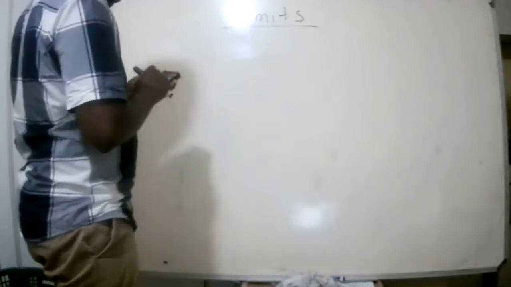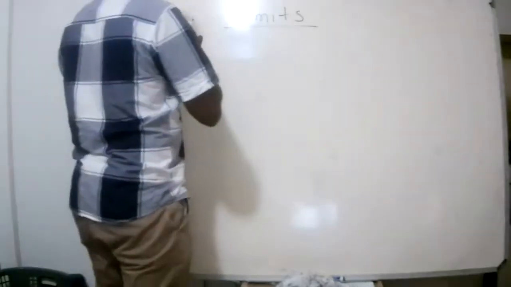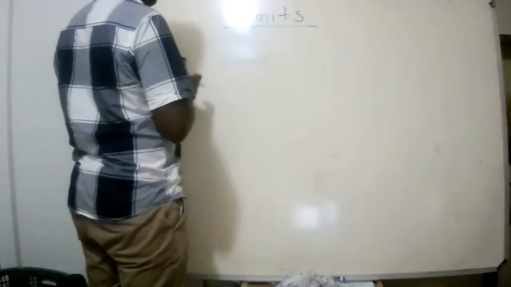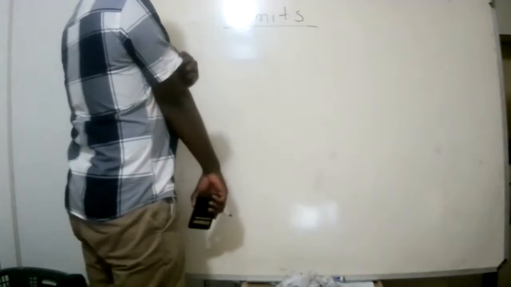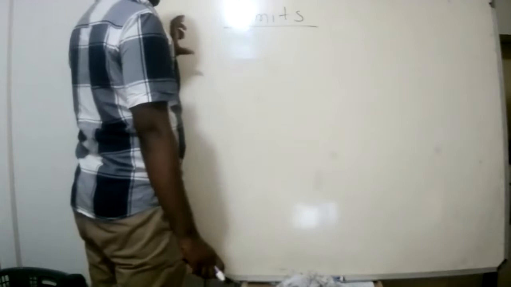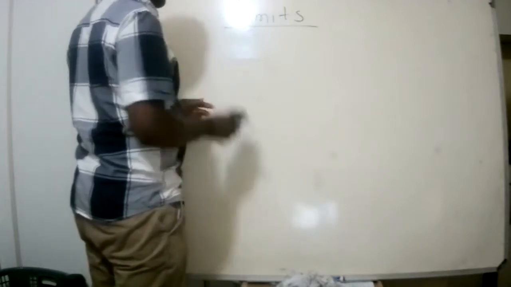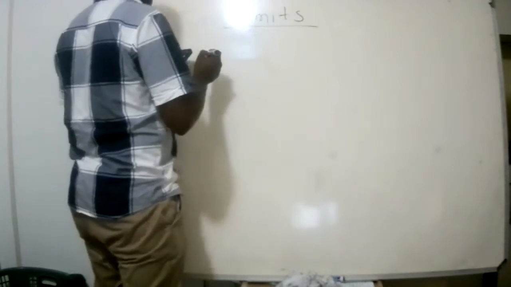I'll first give you a definition of the limit so that you can familiarize yourself with it, then I will explain in detail with an example, and after that we can do as many questions as possible on limits.